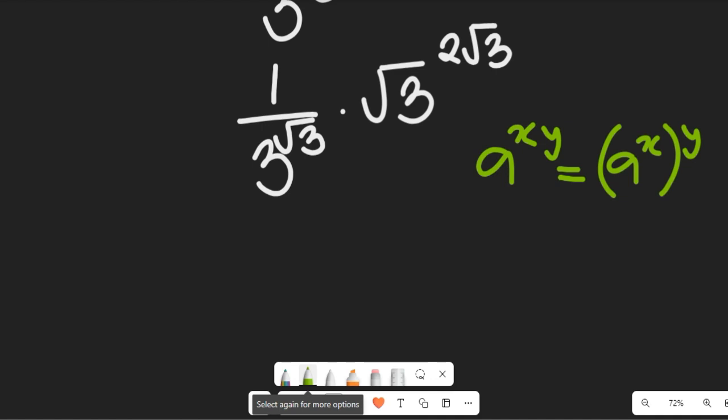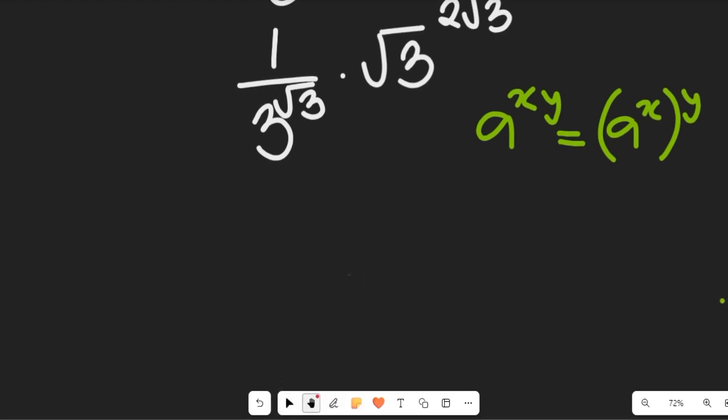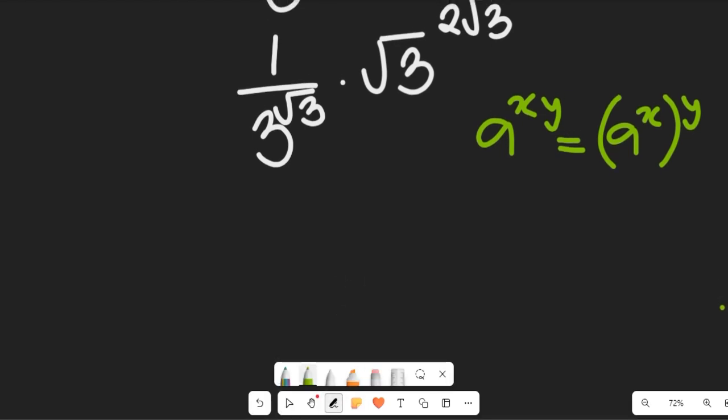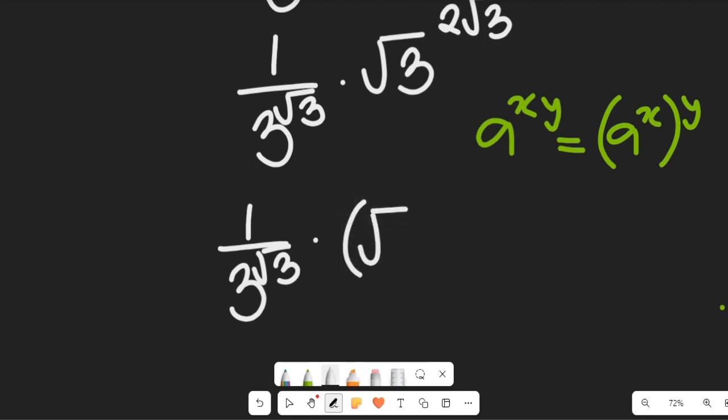So if we apply that expression here, we're going to have this expression now give us 1 divided by 3 root 3 multiplied by root 3 squared, all to the power of root what? Root 3.